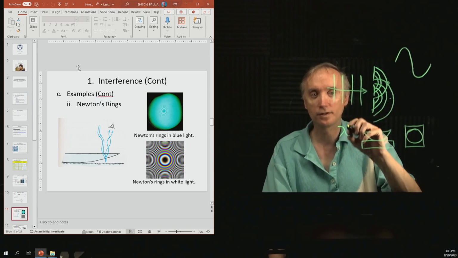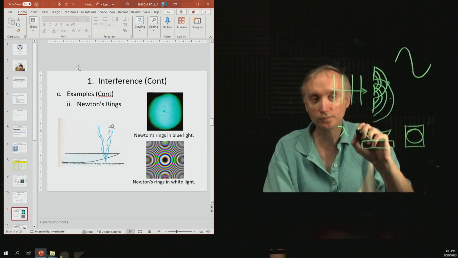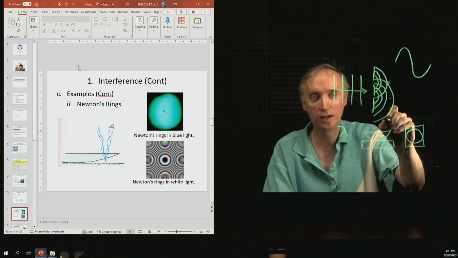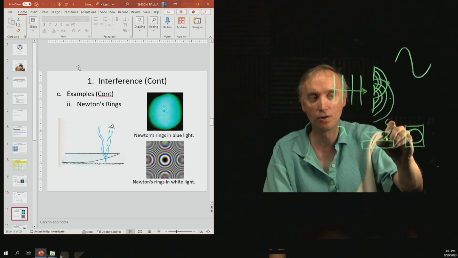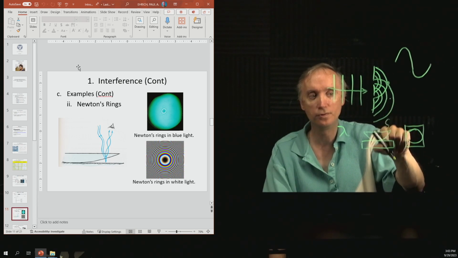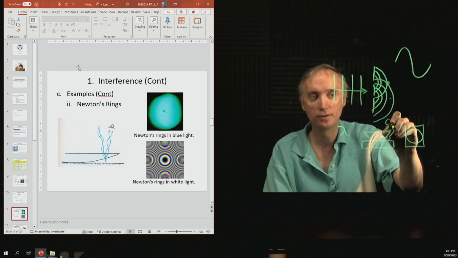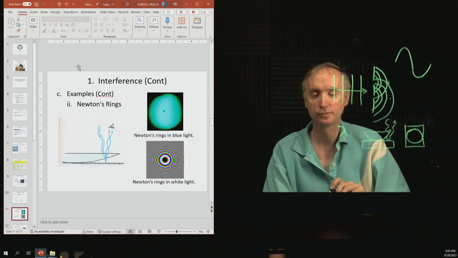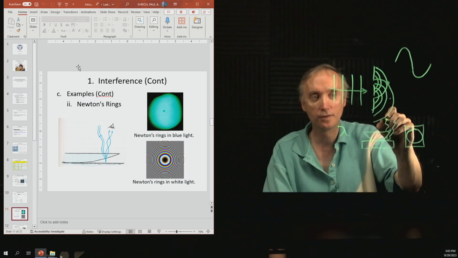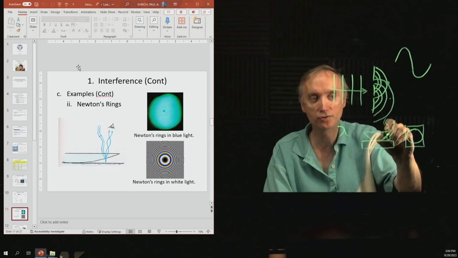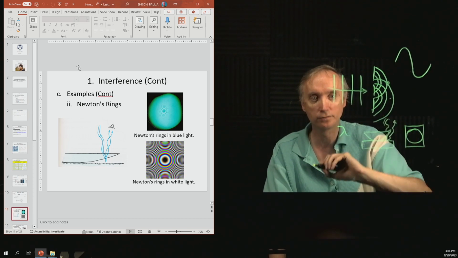So light coming down can do one of two things. The light can pass all the way to this piece of glass and then be reflected back up into your eye. Or this light could go into this piece of glass and bounce off of that surface right there.